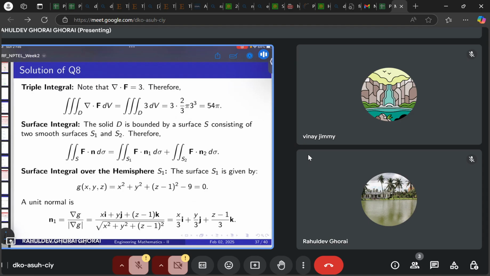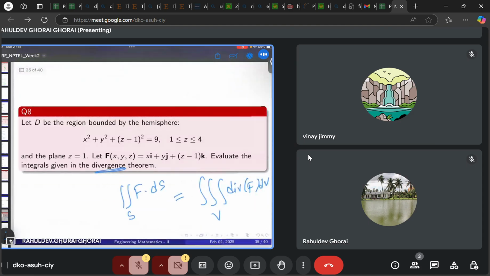So the region will be the hemisphere bounded by the z equal to 1 plane, right?